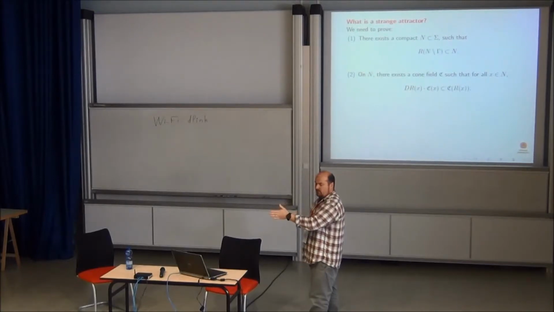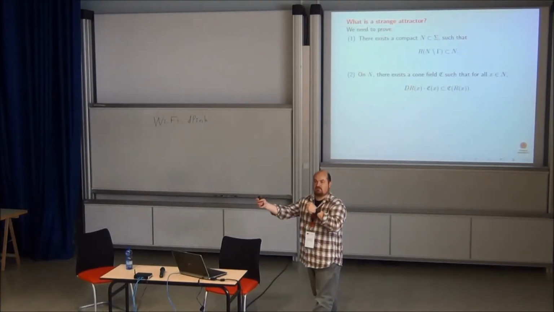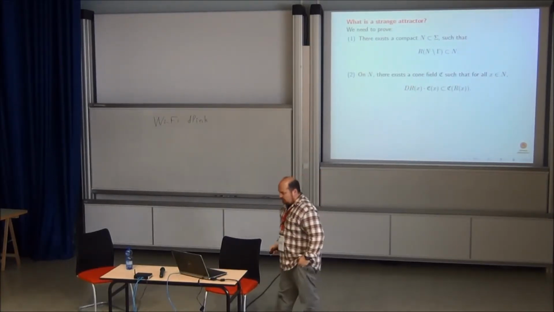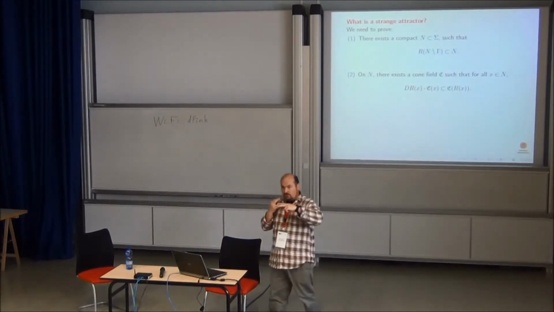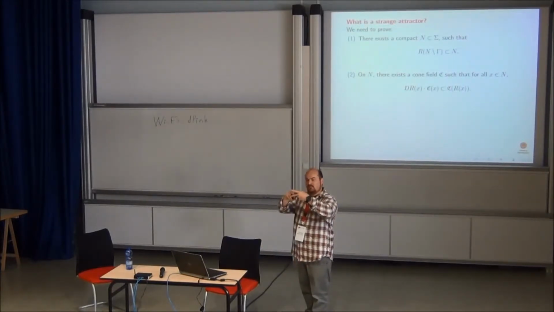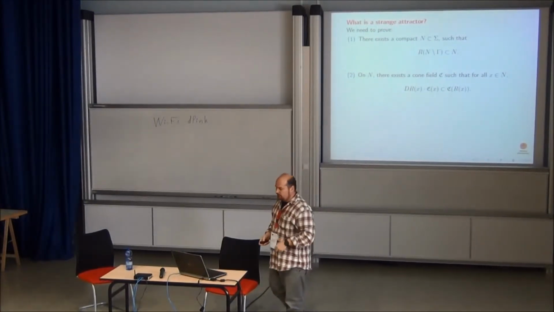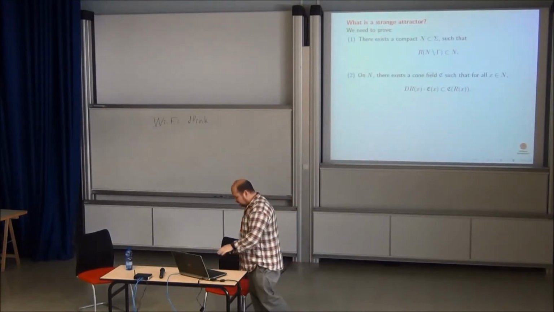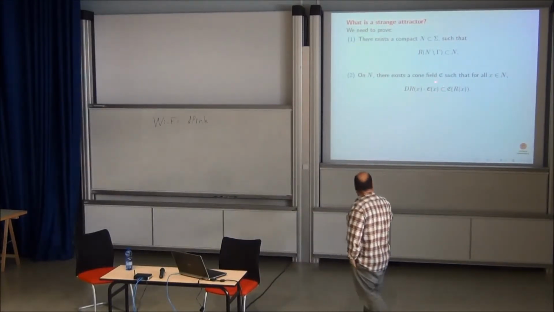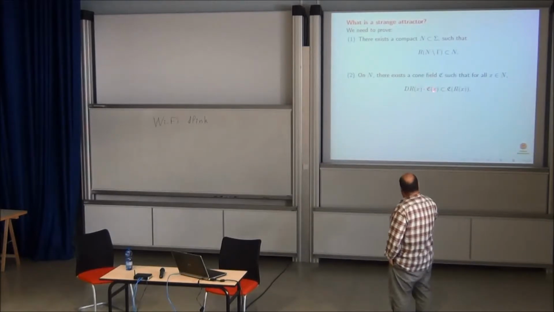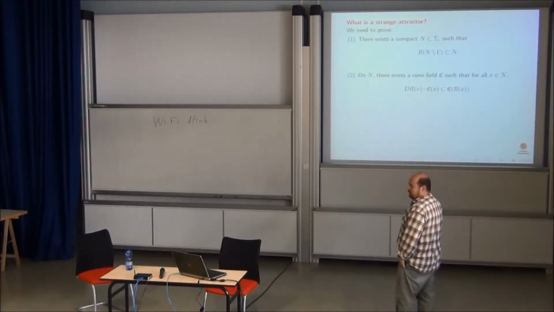If I take a tangent vector in these directions, it's going to be expanded when it comes back. That's what we call a cone field. So I'm going to put a whole cone, and inside these cones, every vector will get expanded after one return.